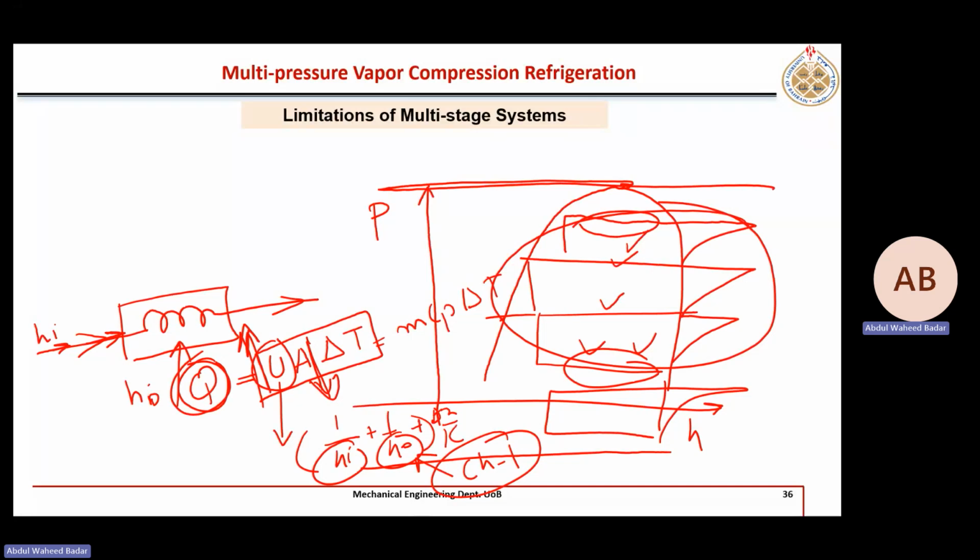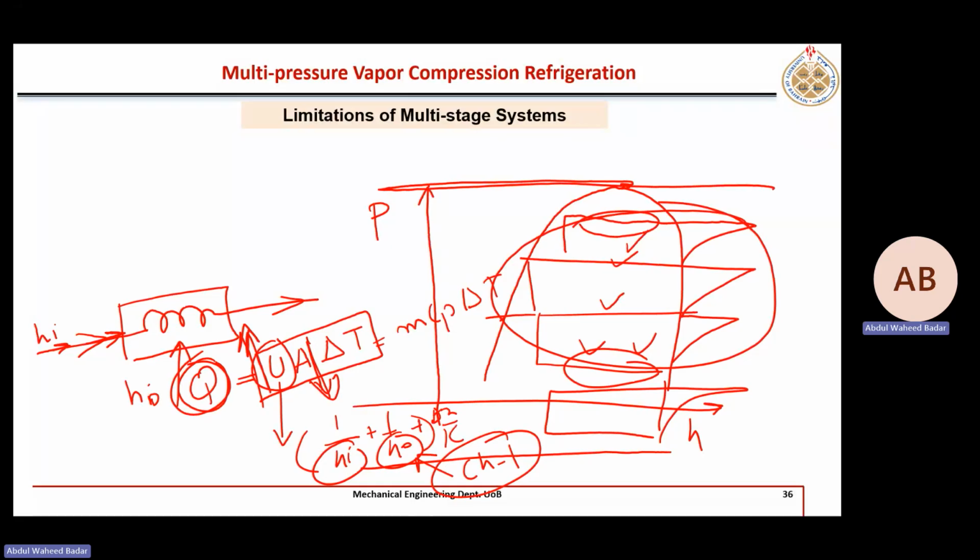But to have this evaporation and condensation, you should be below the critical point of that fluid and higher than the freezing point of that fluid. So you should be operating between these two limits. If your required temperature is very low, or the critical temperature of that fluid is very small, then you may not be able to operate within this dome.